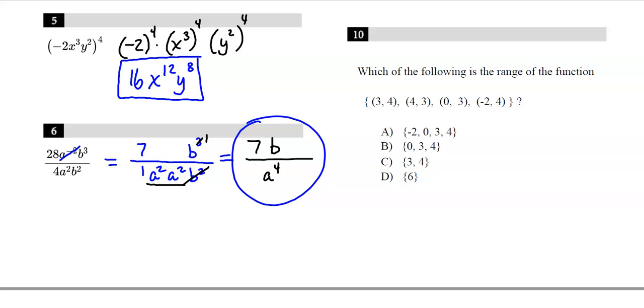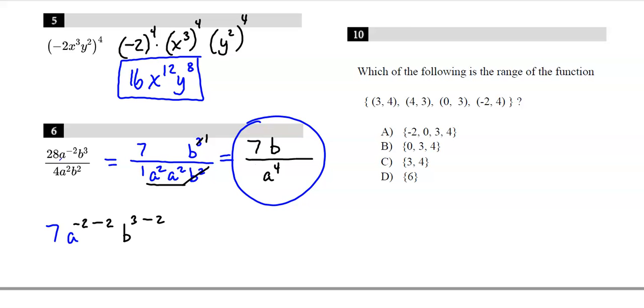If you wanted to, you could have just been a rule follower. Did 28 divided by 4 is 7. Then you could have subtracted the exponents. You just got to be careful. It's a to the negative 2, subtract a positive 2. And then b to the 3rd, subtract a positive 2. It's usually when it's a negative on bottom, people mess up when they minus a negative.